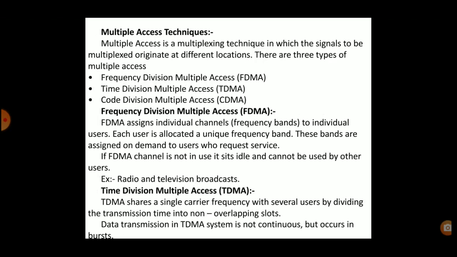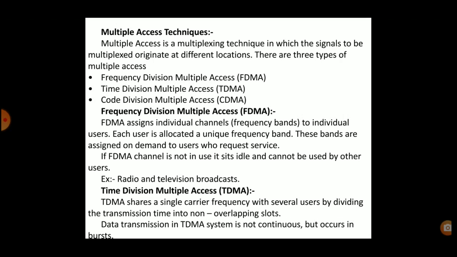Multiple access techniques. Multiple access is a multiplexing technique in which the signals to be multiplexed originate at different locations. There are three types of multiple access: frequency division multiple access, FDMA; time division multiple access, TDMA; and code division multiple access, CDMA.